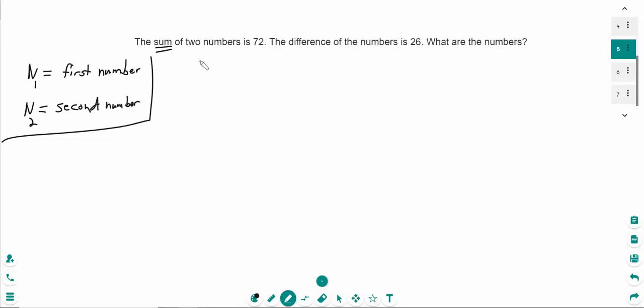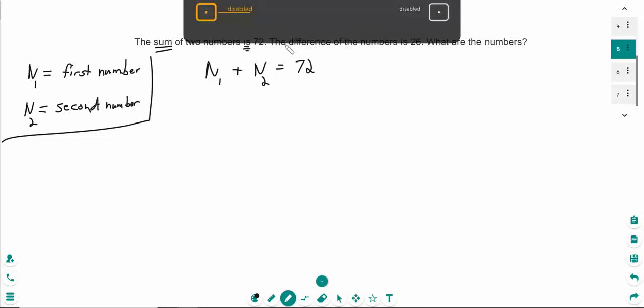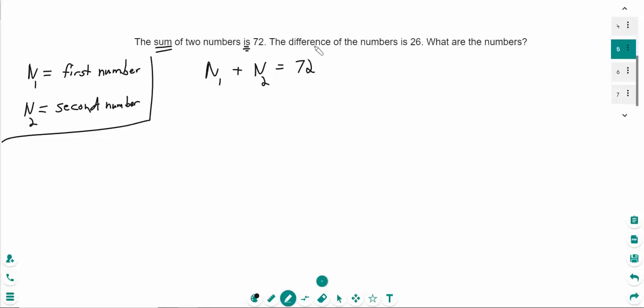And we're saying the sum of the two numbers is 72. So the sum, again, indicates addition. And what are we adding? We're adding the two numbers. We're adding N sub 1 plus N sub 2. And then they tell us that that is, which remember is equals 72. So very easy, very straightforward. The difference of the numbers is 26. Well, in order to make sense out of this, we need to remember what difference means.